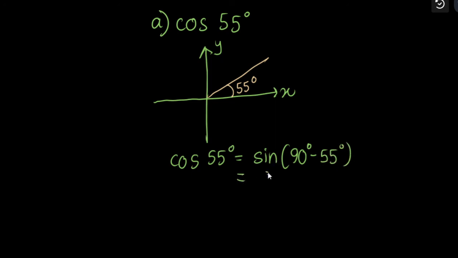So 90 minus 55, we get 35. Now you can check in your calculator. Cos 55 is what value? Sin 35 is what value? You must get the same. If you get the same, that means you have proved it using the complementary angle. So please remember, when you get complementary, use their best friends.